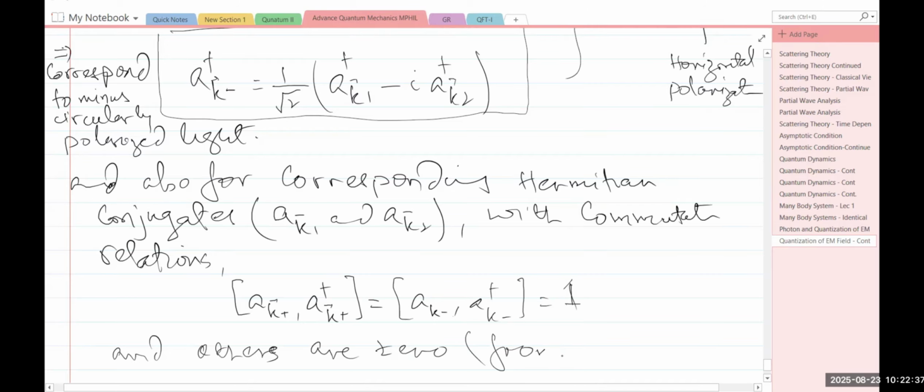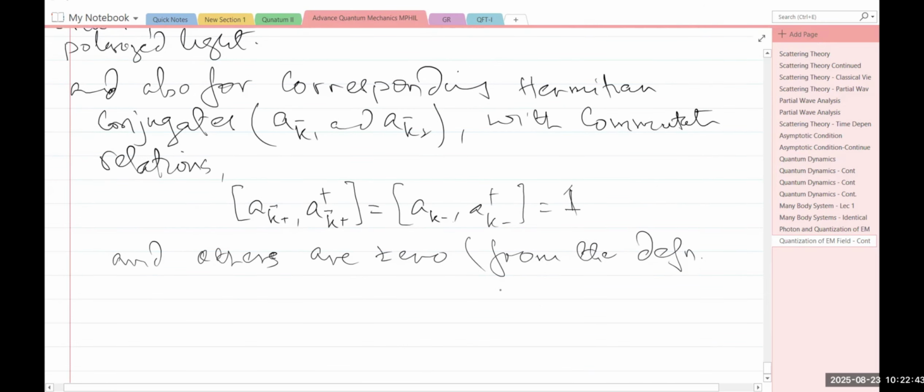Where from? From the definition of commutators.